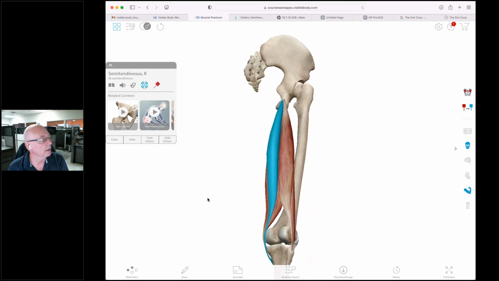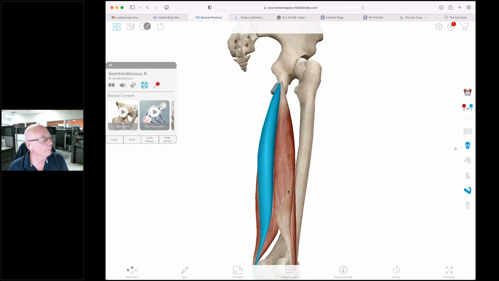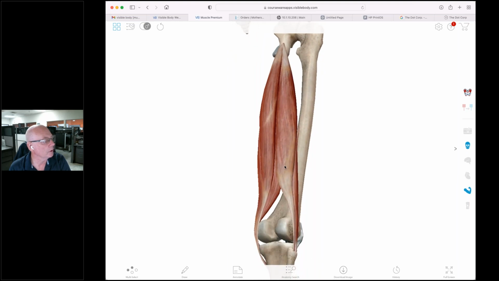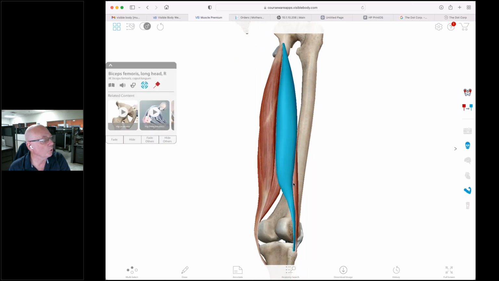All right. And then the biceps femoris. So there's one head and the other head. I'm going to take this bigger one that's coming up to the ischial tuberosity and coming to the head of the fibula and fade that one just to show you the other biceps femoris, two heads.